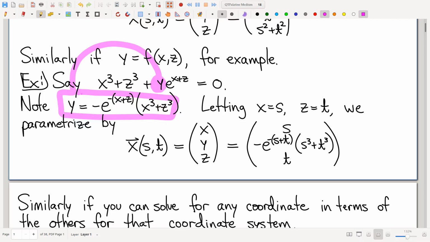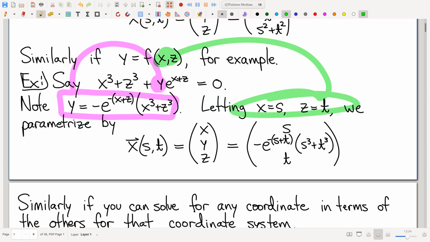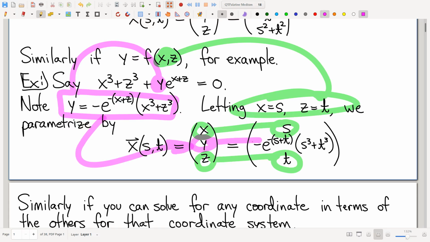Sometimes you do have to kind of think to yourself, hey, wait a minute, can I work this around? Is y maybe a function of x and z? And then actually do the algebra to make that happen, right? But once you've made that happen, then again, these are your inputs. You let them be your parameters, and then this has got to be what it's got to be. Is everybody happy?